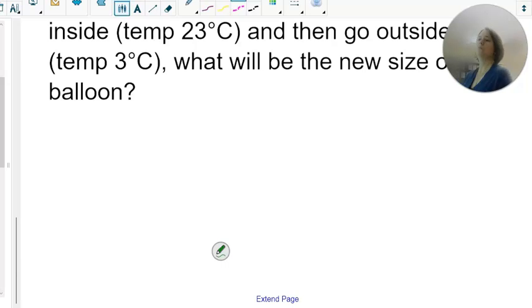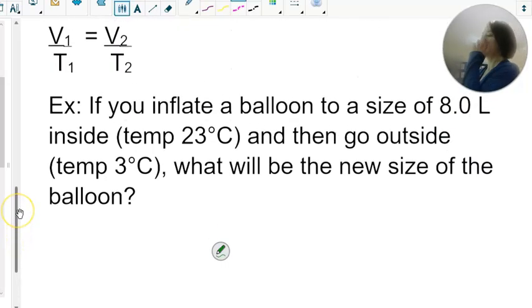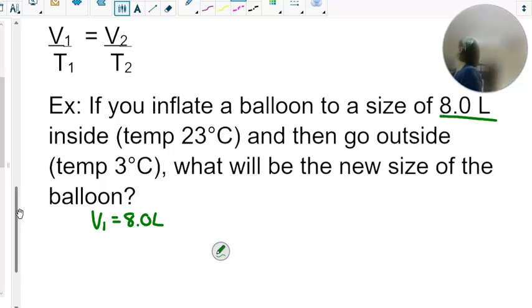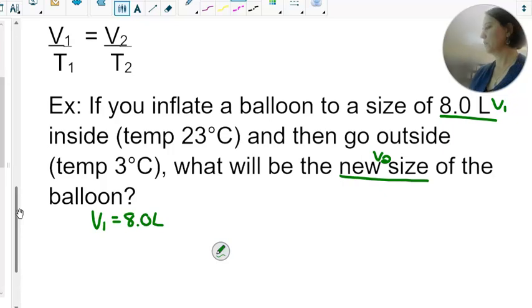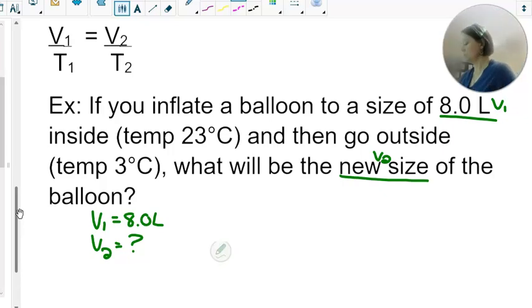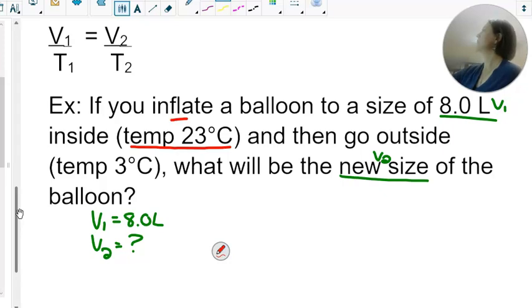So we know our volume, our V1, equals 8.0 liters. What will be the new size of the balloon? That's going to be our V2. Okay, we also know our initial temperature is 23 degrees and our second temperature is 3 degrees.